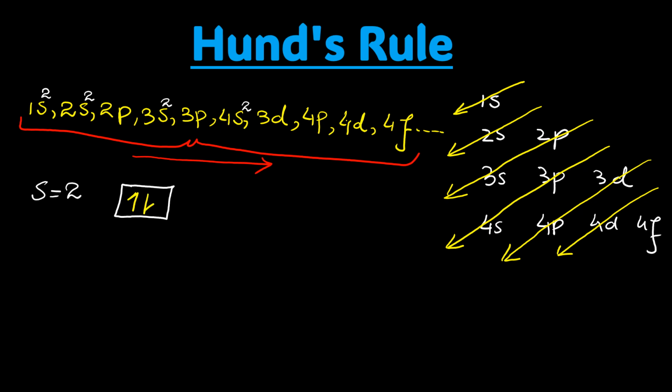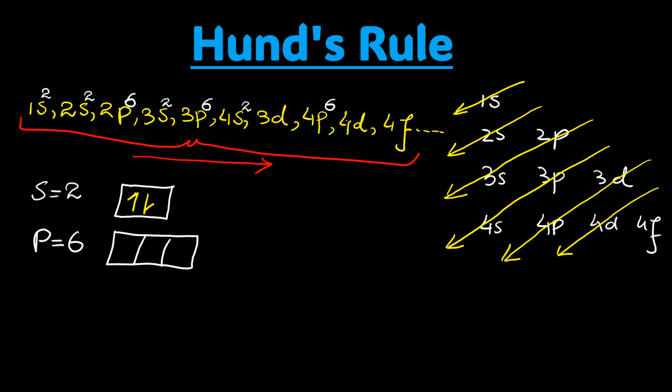The maximum number of electrons possible in a p subshell is 6, so we will write 6 with every p subshell. Every orbital can accommodate 2 electrons, so there will be 3 orbitals in the p subshell.